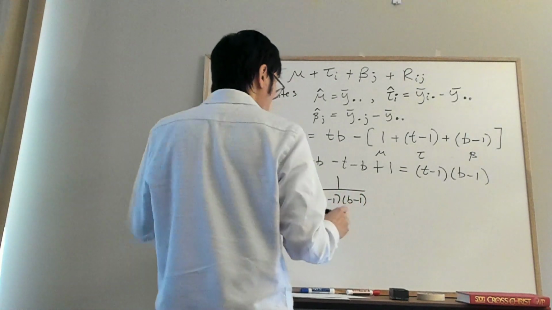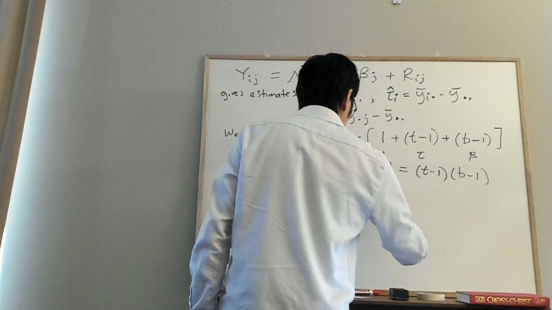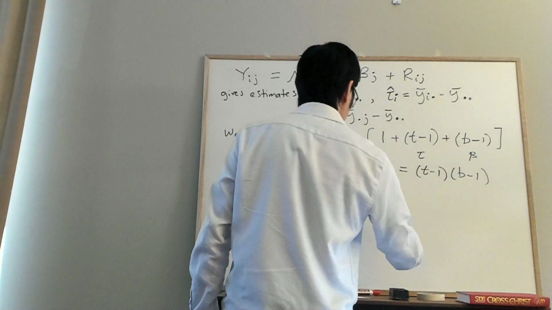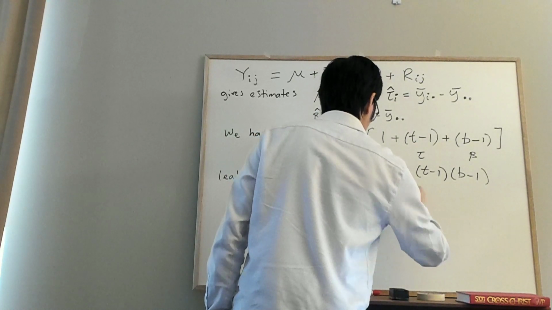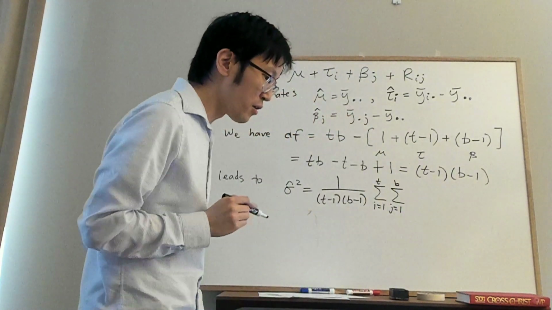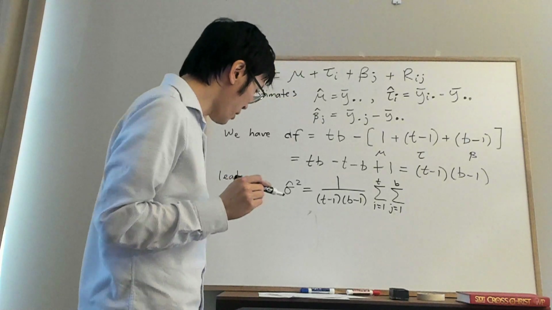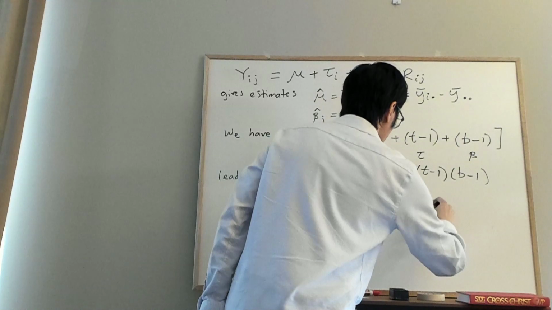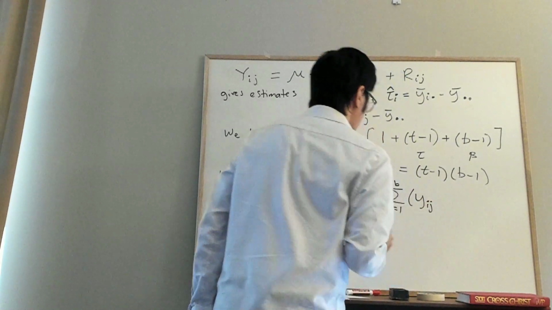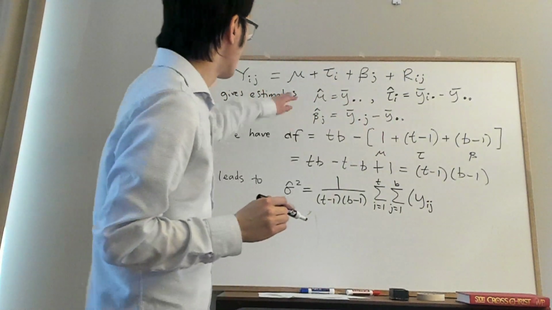Okay, so let's just write it out in full so it's clear. I need to sum over all the treatments and blocks, and we take the observations and subtract off what the model has fitted for them.